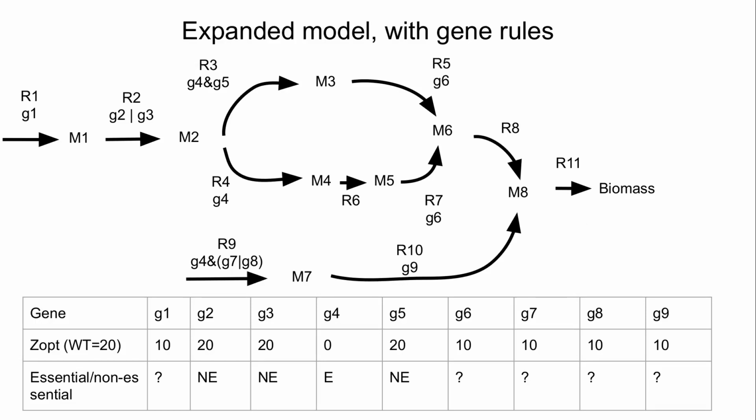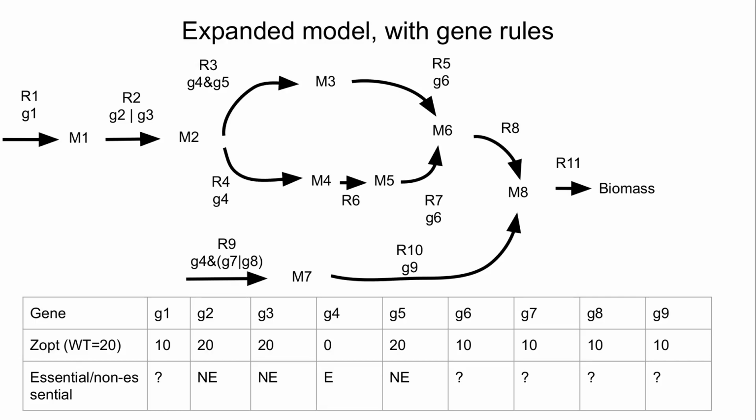And by extension, we will still reach that optimal wild type growth where R11 is both fed by the upper and lower pathways and grows at a rate of 20. G3, as G2, only figures in reaction 2. And so deletion of G3 individually will have the same effect as an individual deletion of G2. So G3 similarly will correspond to a growth rate of 20 if you delete it.